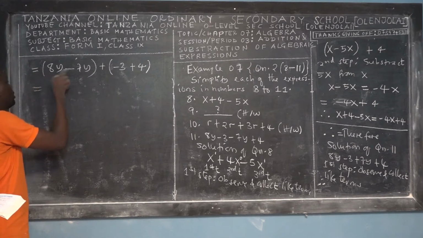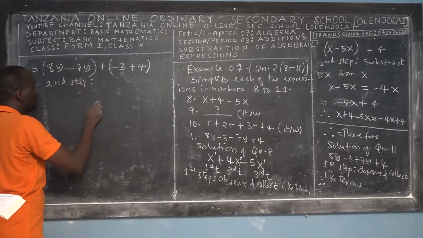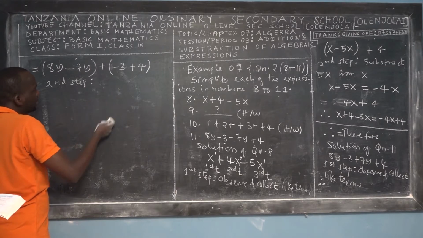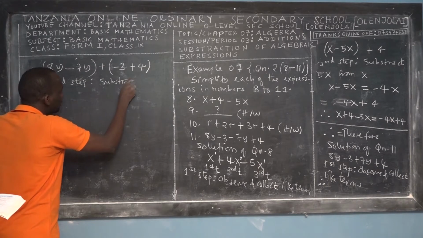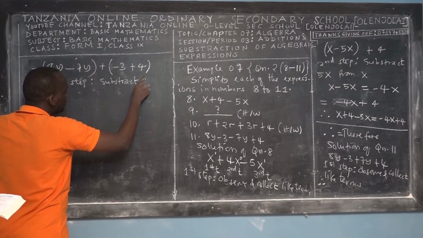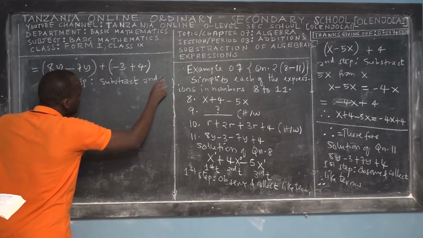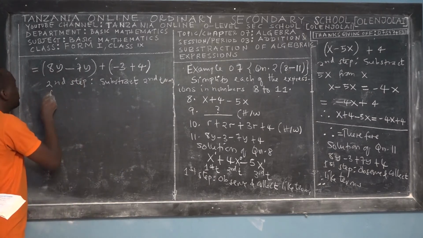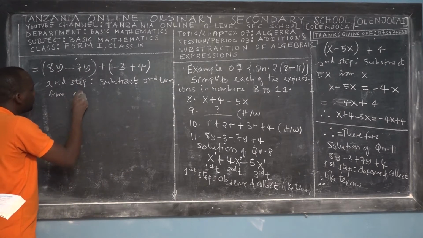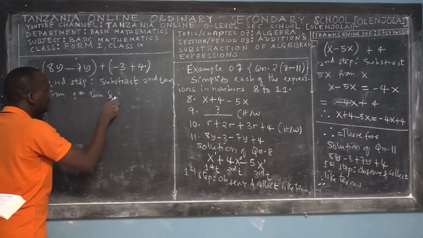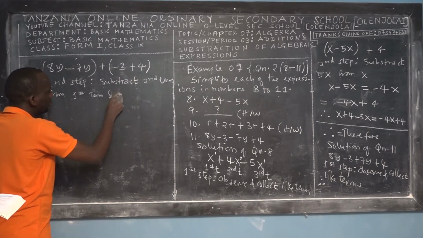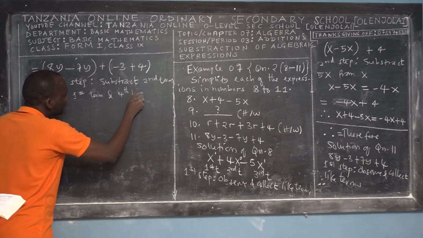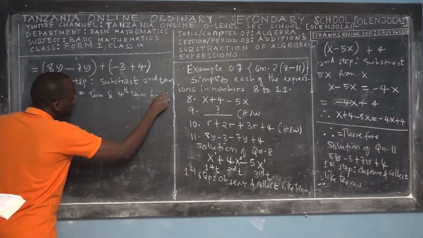Good. So then the next step, the second step after collecting, which is simple, we say subtracting the second term from the first term, and subtracting also, if we interchange, the first term from the third term.